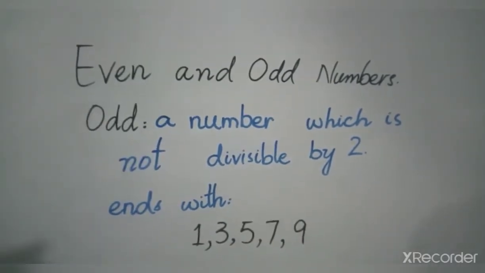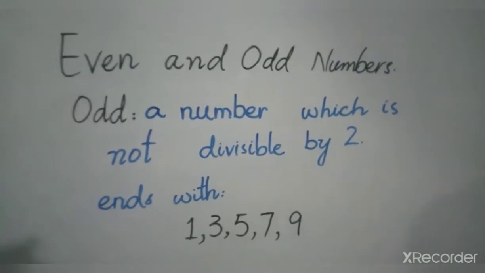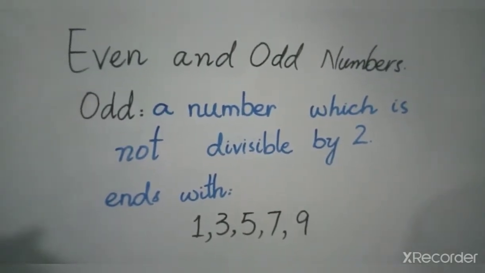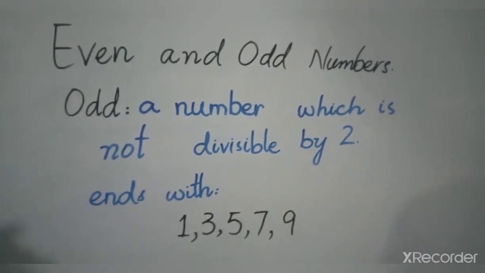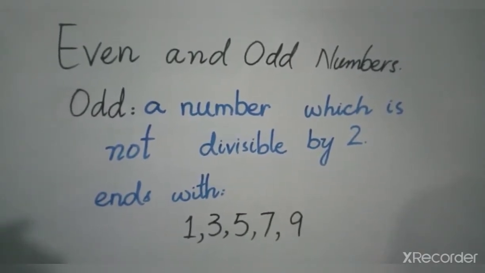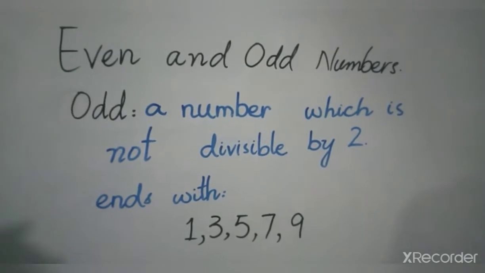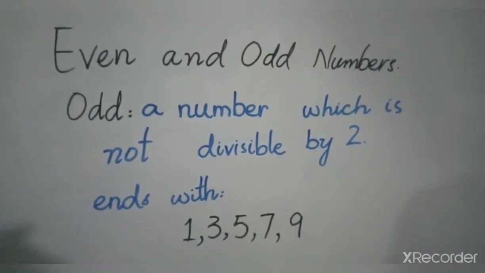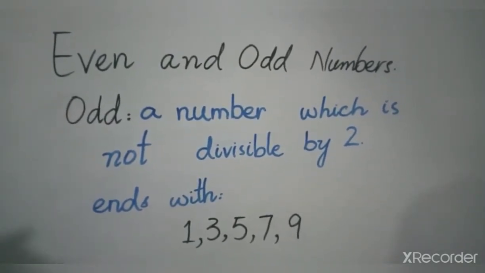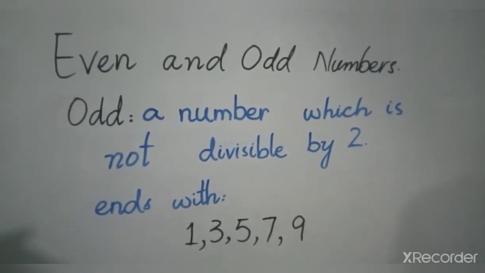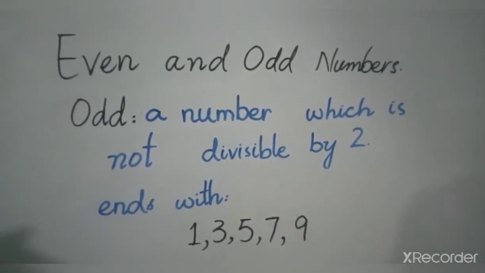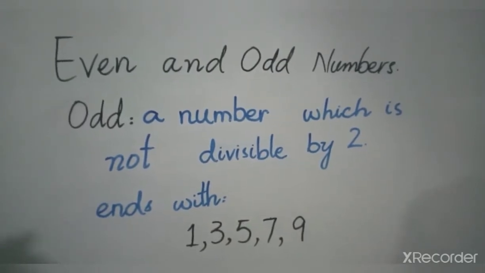In contrast with even numbers, odd numbers are just opposite to this. These numbers are not divisible by 2. If any number is ending with 1, 3, 5, 7 or 9, so these types of numbers are referred to as odd numbers. It means these numbers are not divisible by 2 as well as these numbers are not the multiples of 2.